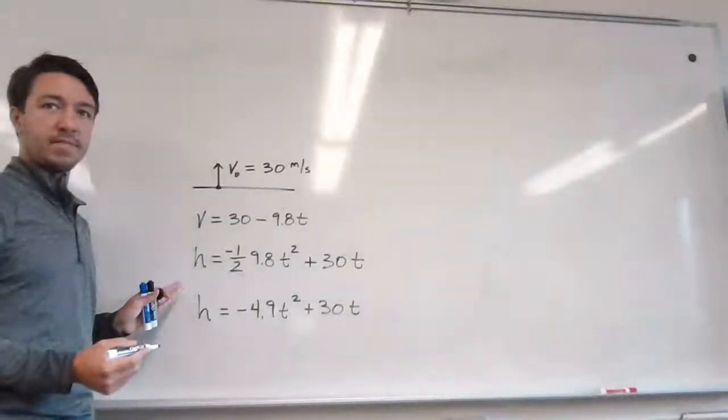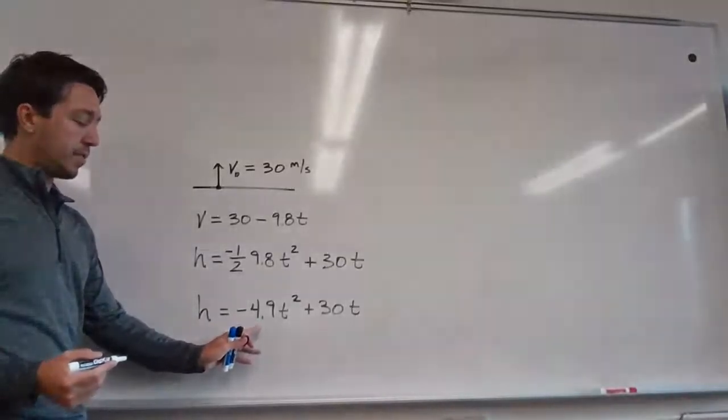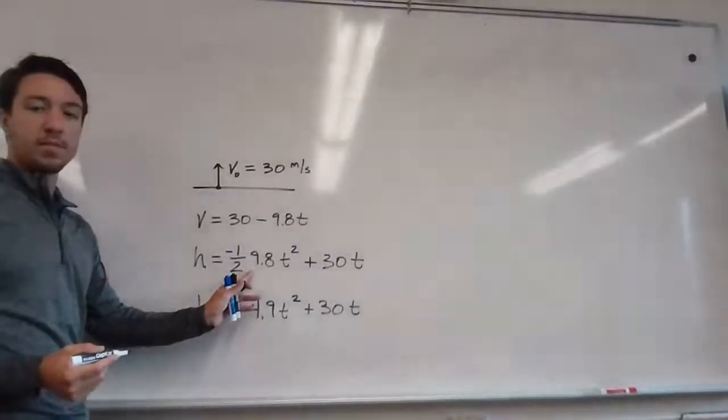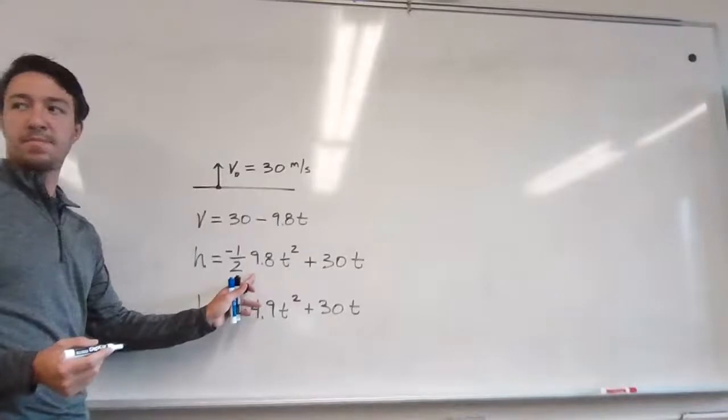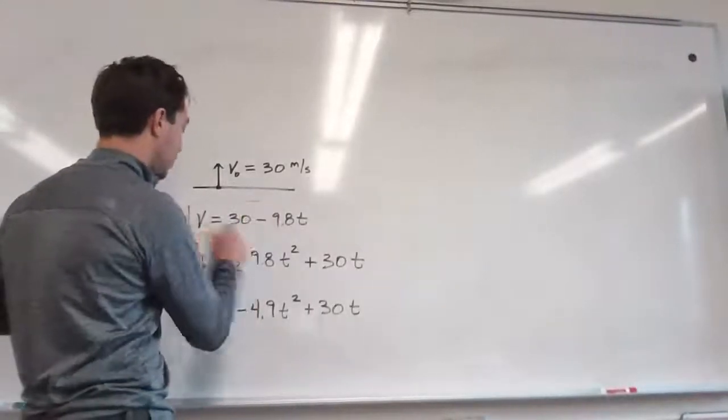This is what we did on Friday, right? Okay. So this number comes up a lot because 4.9 is half of 9.8. Cool beans? Okay, so there's the velocity function.